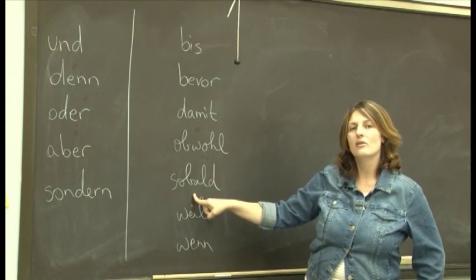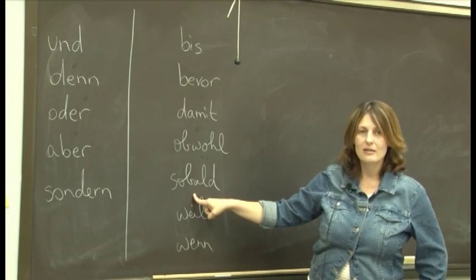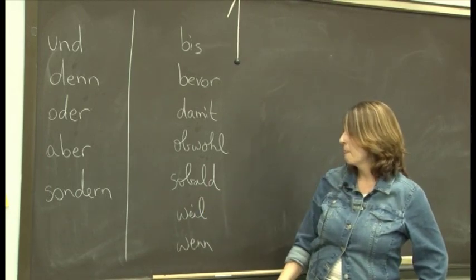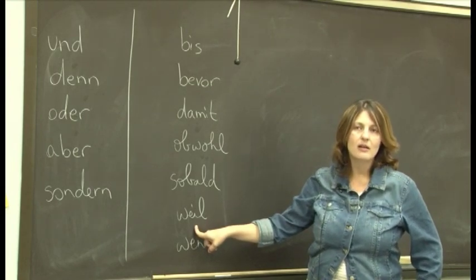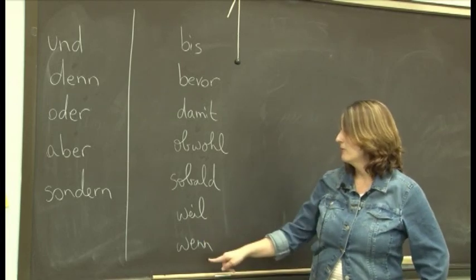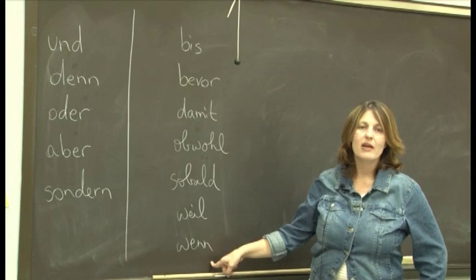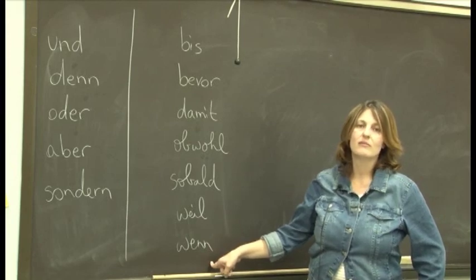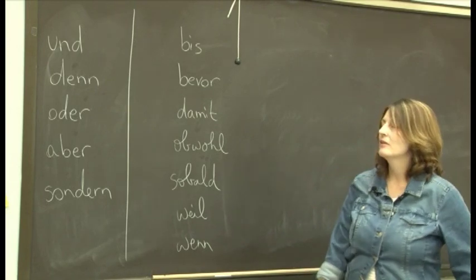Und ich hole meine Tochter vom Kindergarten ab, sobald ich hier fertig bin. Ich möchte Deutsch lernen, weil ich nach Deutschland reisen will. Und wenn, ich gehe heute schwimmen, wenn es heiß wird. Wenn es nicht regnet. If it doesn't rain.